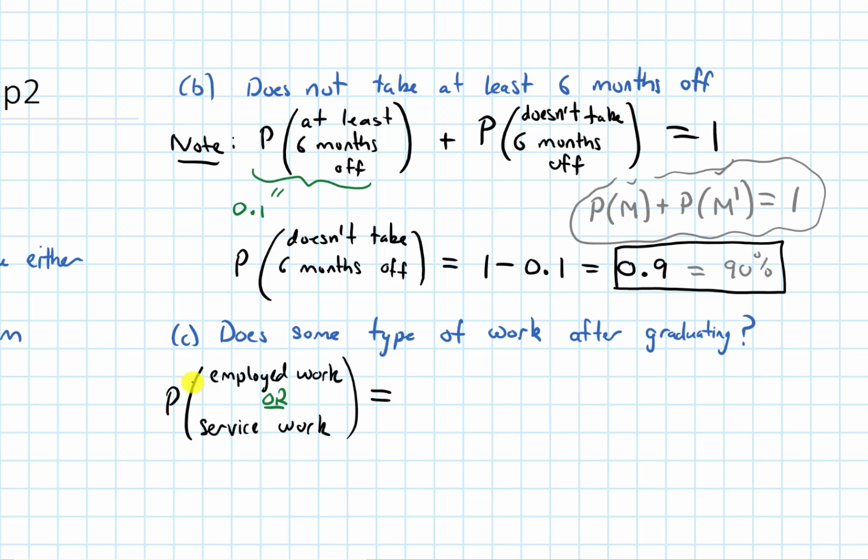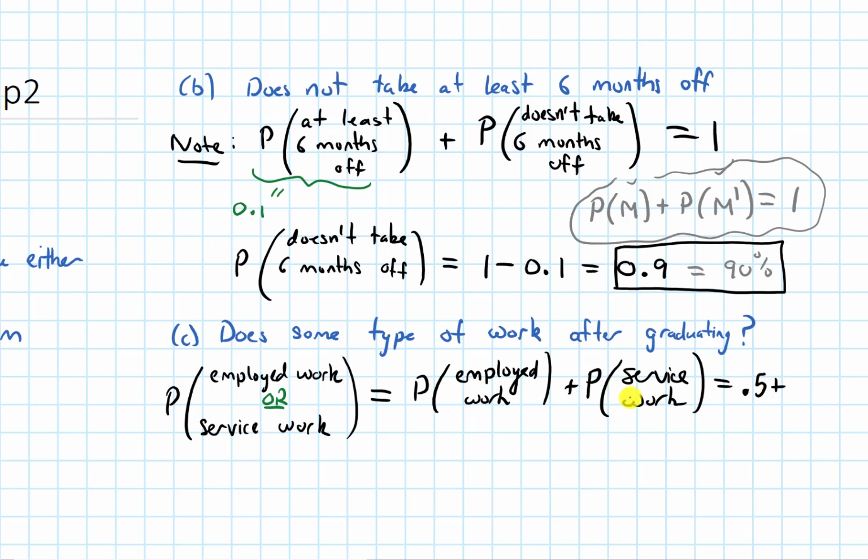That's just going to be equal to the probability that they do employed work plus the probability that they do service work. If I add up those values from the table, the probability of employed work was 0.5. The probability of service work was 0.05. So this adds up to 0.55, or as a percentage, that is 55% if you multiply by 100. So that's our probability.